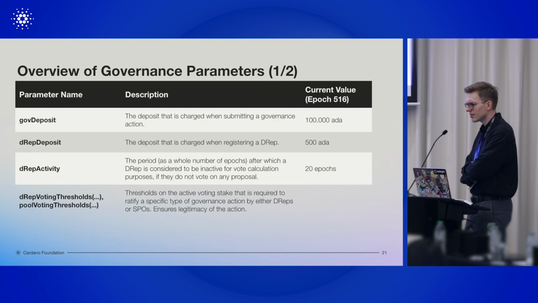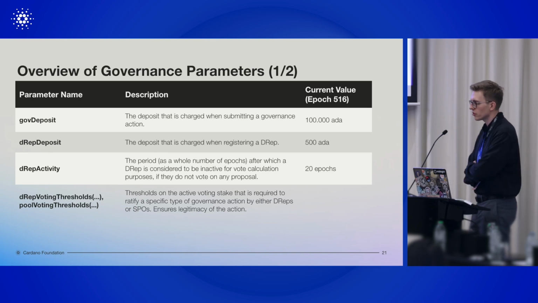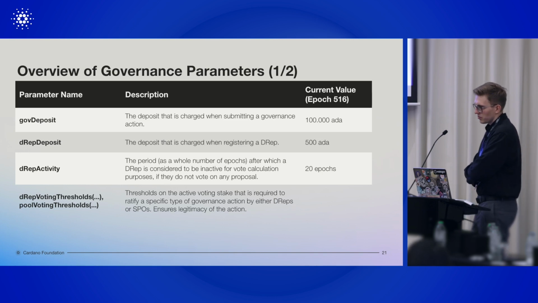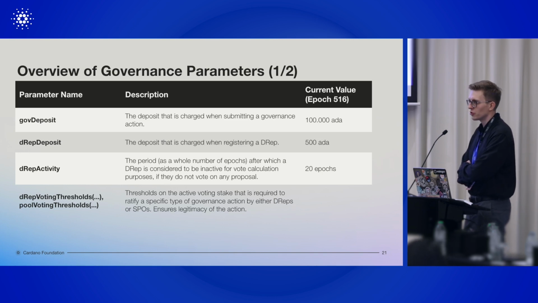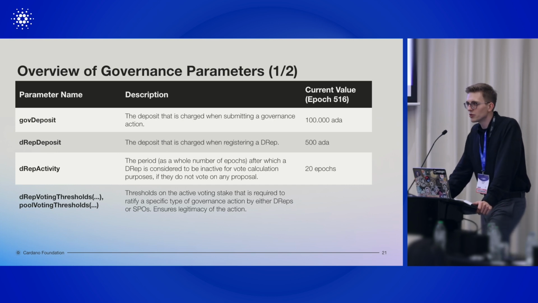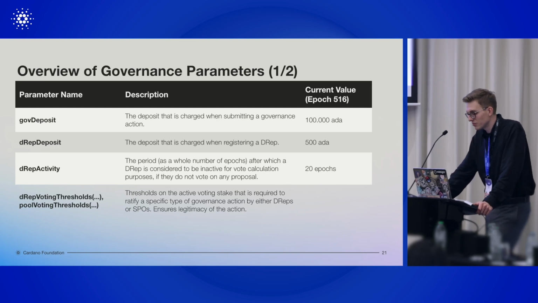This value was set not to prevent spam on the network perspective, but if you think about the three roles, right, the DReps, the Constitutional Committee, the SPOs, usually behind those are humans, human actors, and they only have limited time. So if there are 1,000 proposals to review, what happens is that people do not have the resources to look at that, and they do not have the time to look at them.